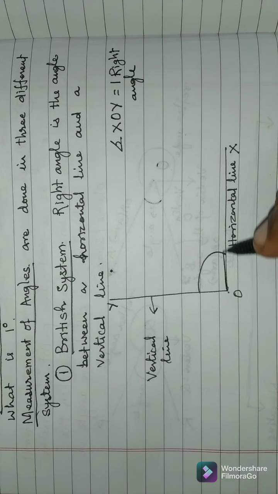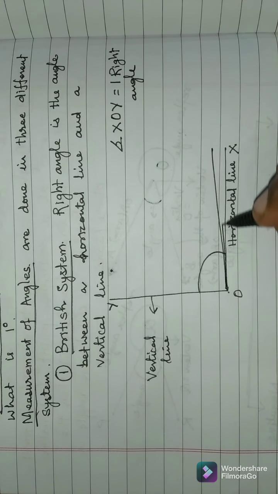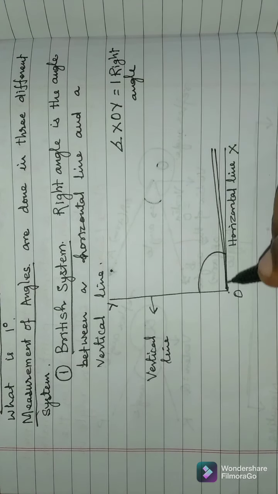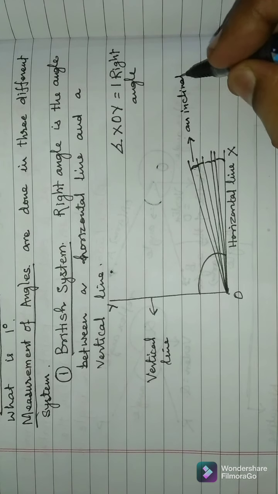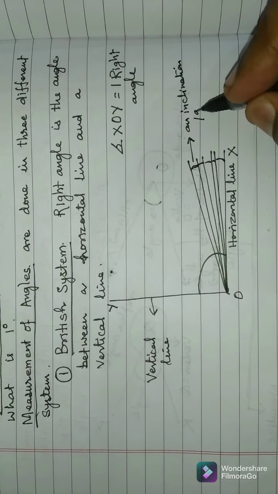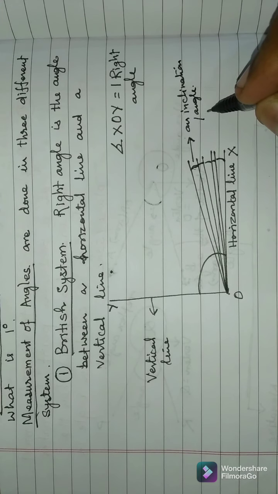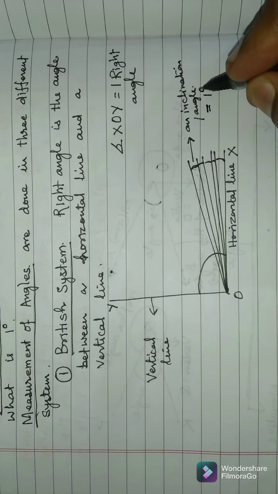If it is divided into 90 equal parts, each equal part represents an inclination, or we can say an angle, and this small angle is assumed as 1 degree.